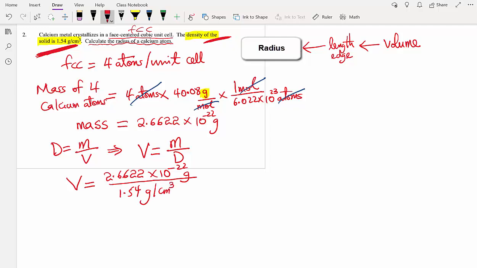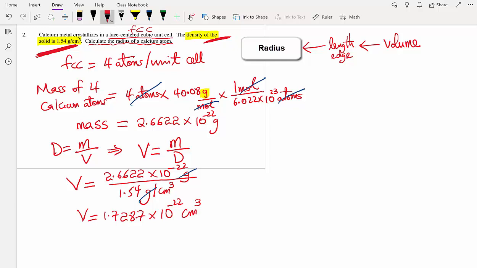And if you put these numbers into your calculator, you should get volume equals 1.7287 times 10 to negative 22 cubic centimeter.